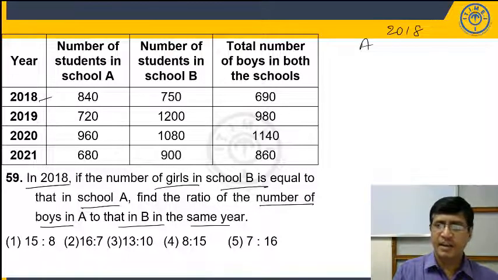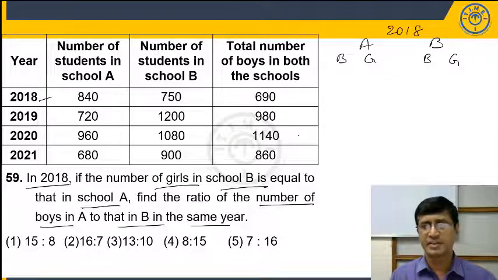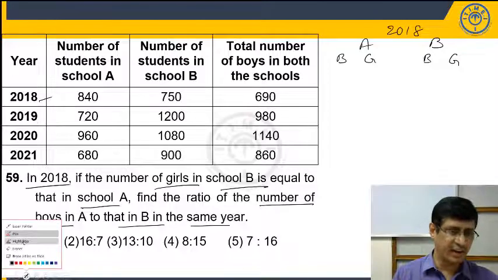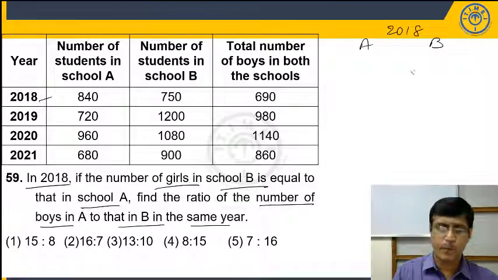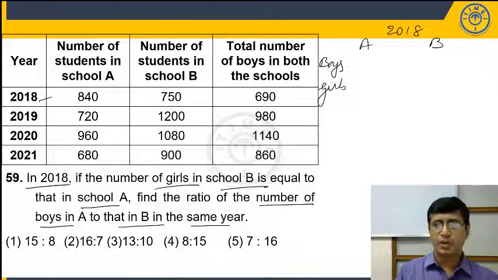2018, A and B. So boys and girls, if you observe the boys and girls of A and B, I will write like this. Now let me write. The boys and the girls. So how many are boys, how many are girls here?